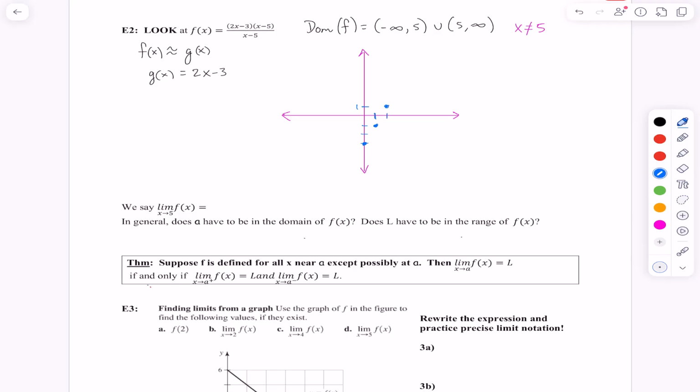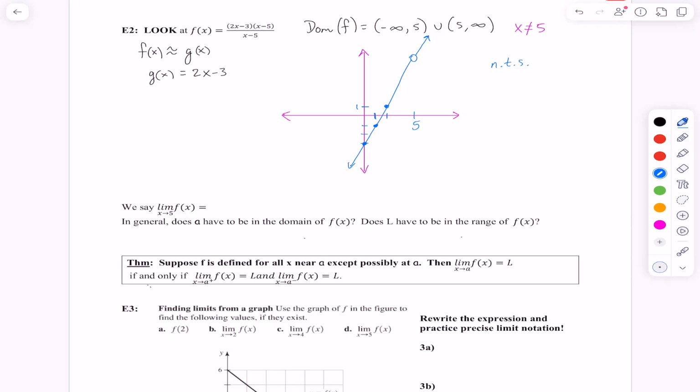But there is something going on at 5. So once again, I'm going to use NTS, not to scale, to get this sketch done more quickly. I'm just going to draw that and label this 5 here. So something happens at 5. There's actually a removable discontinuity. There's actually a hole there.